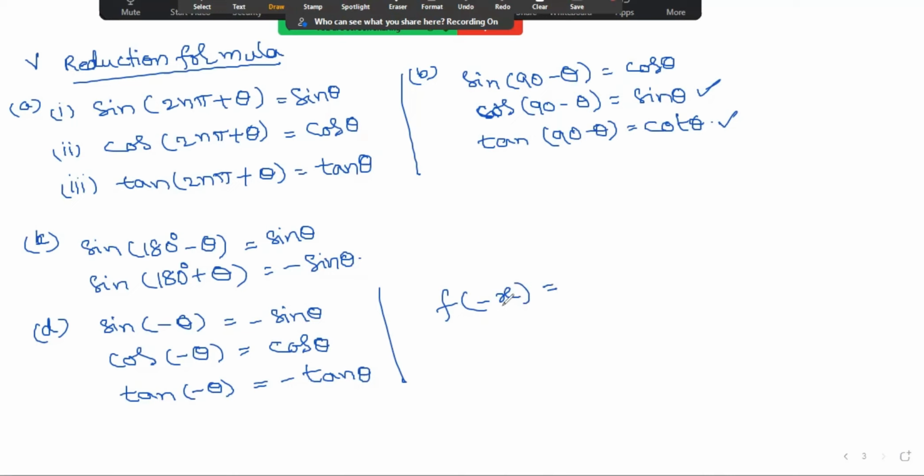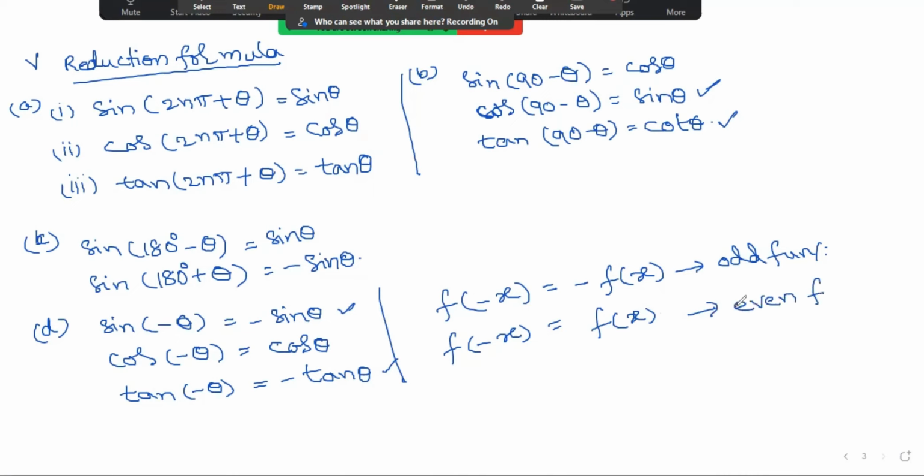Say f of minus x is equal to minus f of x, then the function is known as an odd function. In our present case, sine and tan theta are both odd functions. If f of minus x is equal to f of x, then that function is known as an even function. So our cos theta is the even function.